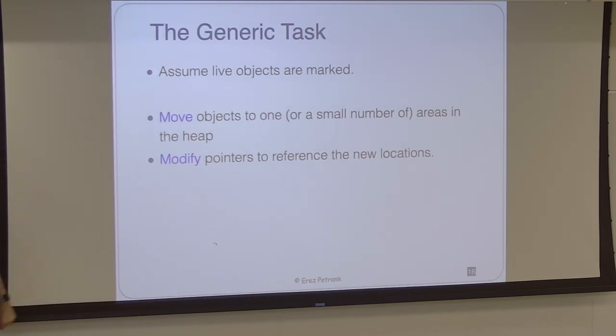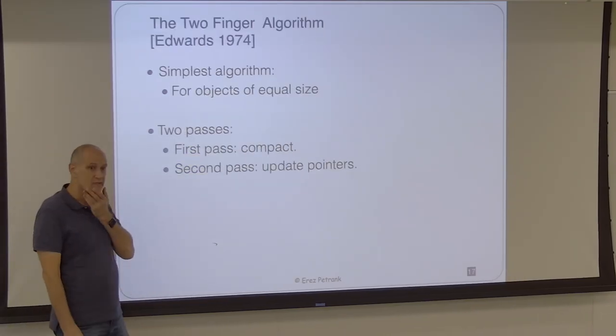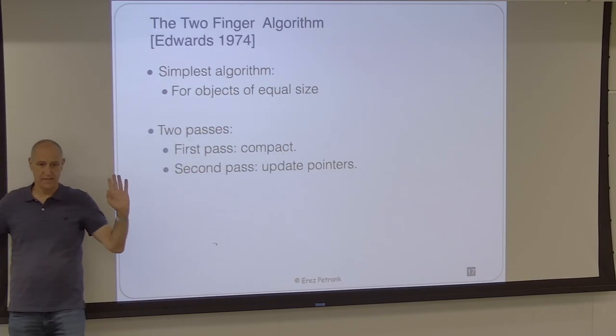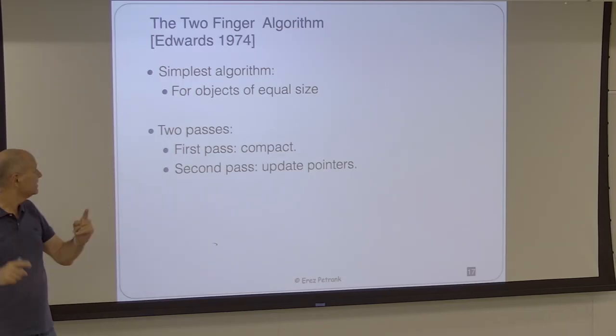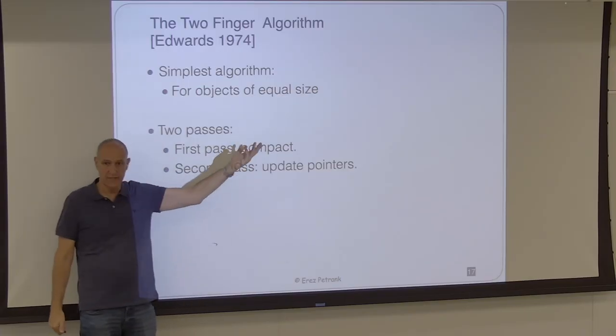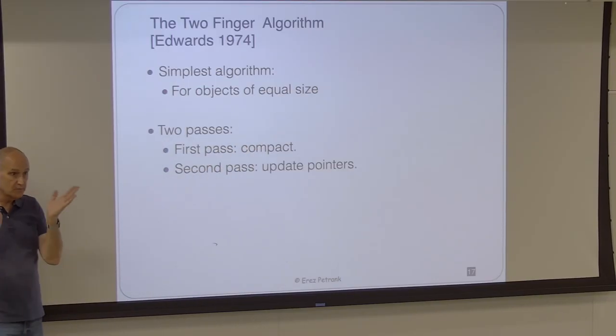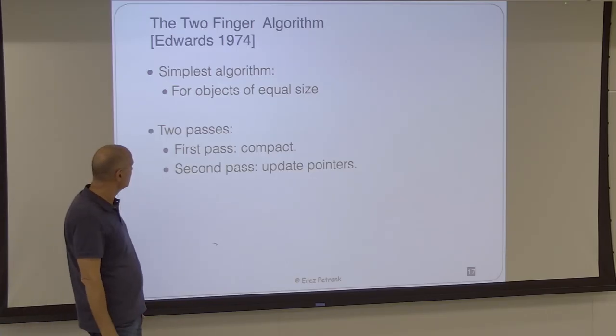So we have to do these two, and we're going to start with the simplest algorithm, called Two-Finger. It's very simple. It assumes that all the objects are of the same size, which was correct in Lisp. In Lisp, all objects were of size 2 words.